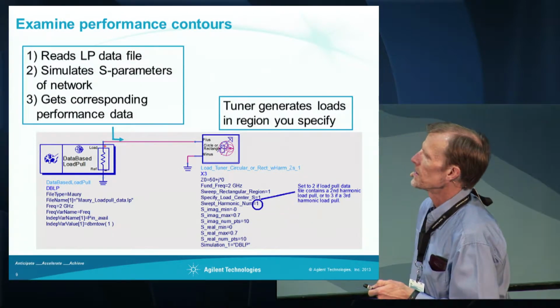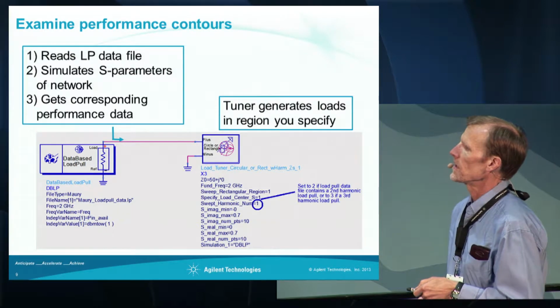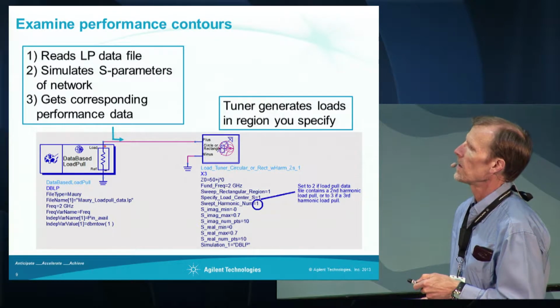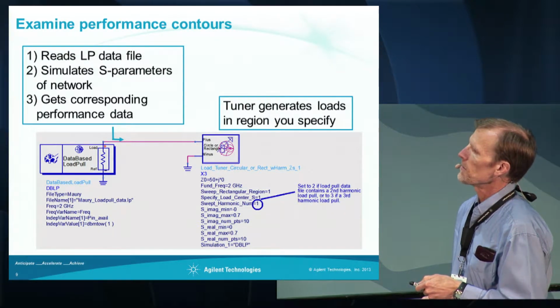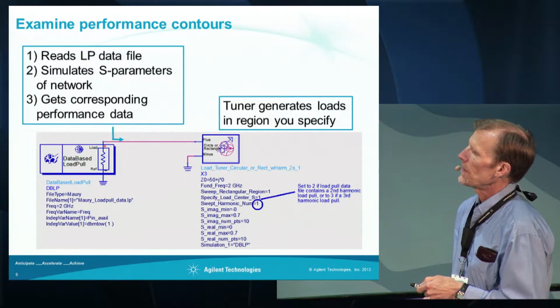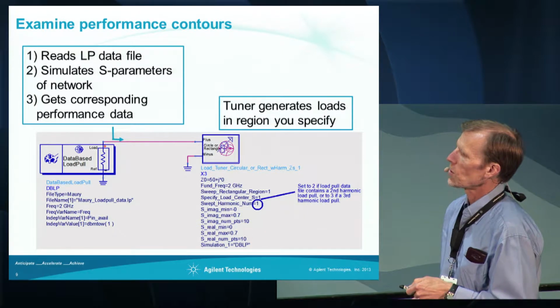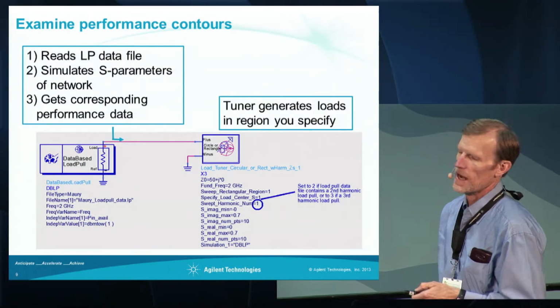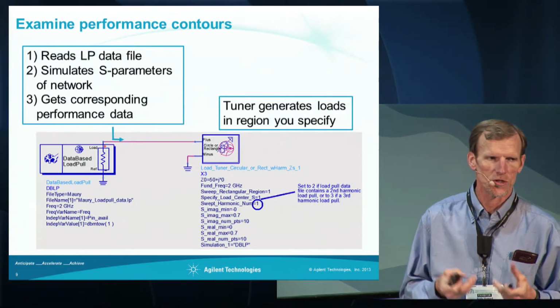Okay, this component reads in the load pull data file, and it simulates the impedance or the reflection coefficient seen by this node, and then it gets the data that correspond to that reflection coefficient and exports that as the simulation results.